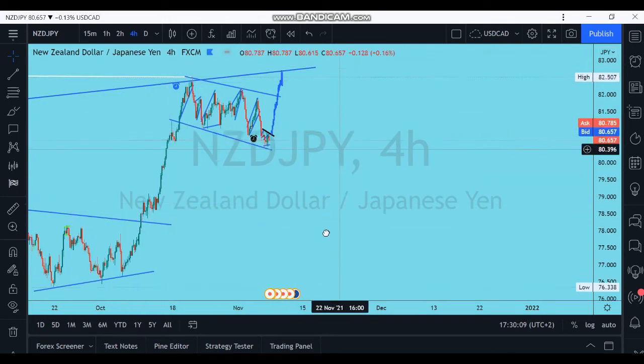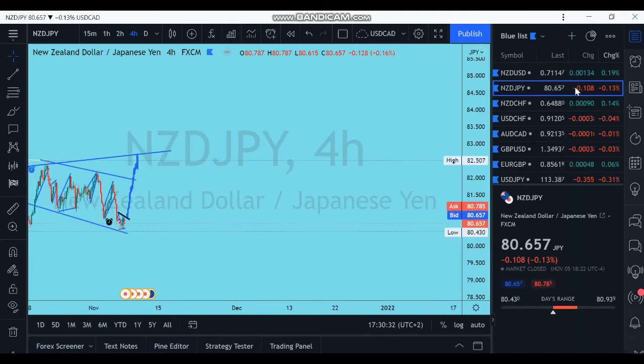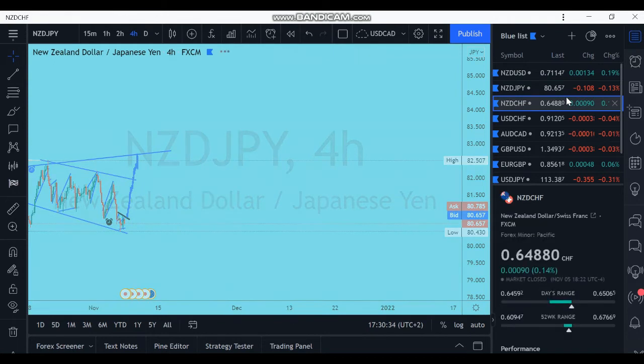Then we are waiting for another third phase of the impulsive phase to break out of the resisting trend line. For you to know that the resisting trend line is going to be broken, you have to wait for bullish continuation. If the resisting trend line is not going to break, you have to wait for correction, continuation, reversal. Okay, reversal patterns as a bearish reversal on the resisting trend line.